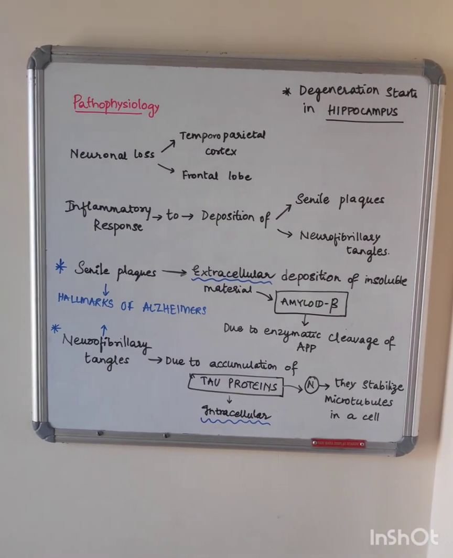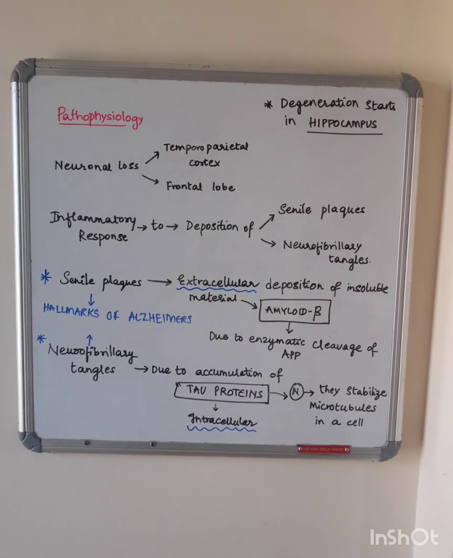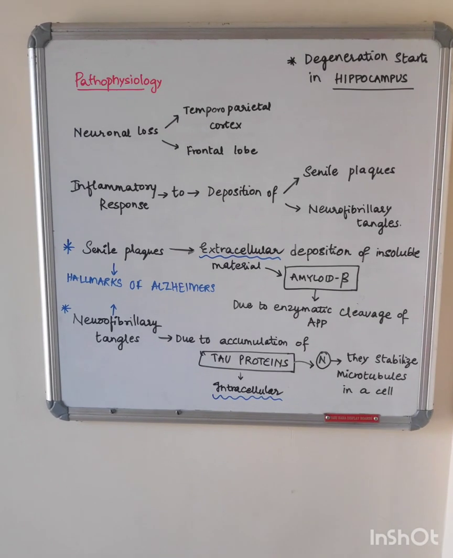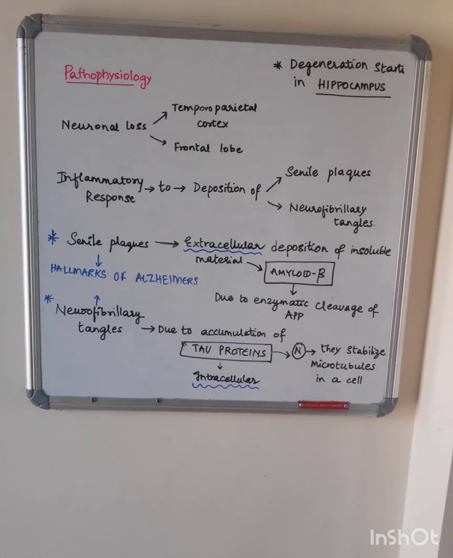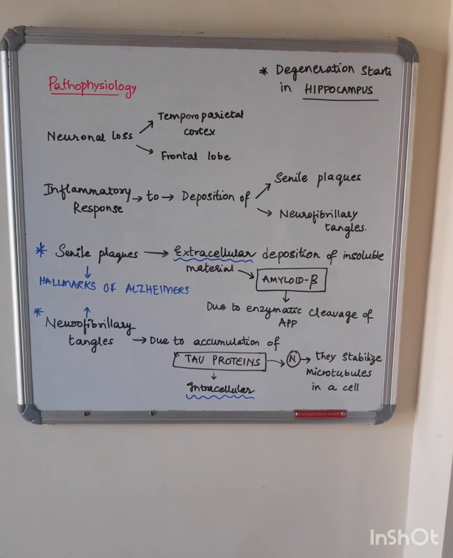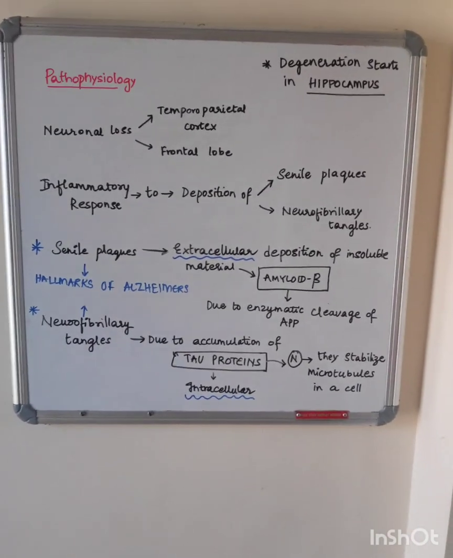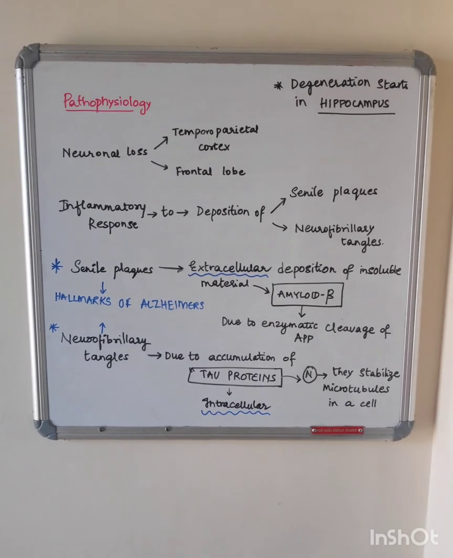For example, if the neuronal loss is involved in the frontal lobe, the functions of the frontal lobe are lost. That's it. And along with the neuronal loss, we can also see the inflammatory response. This inflammatory response is to two substances. That means it reacts to the two substances.